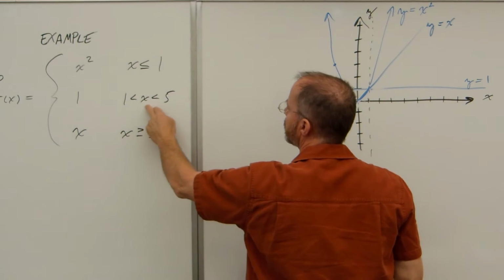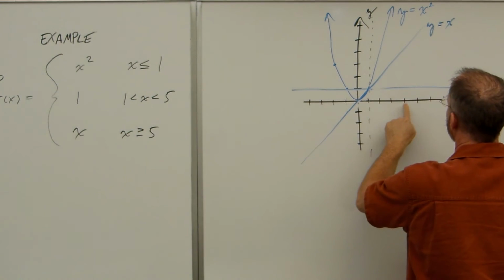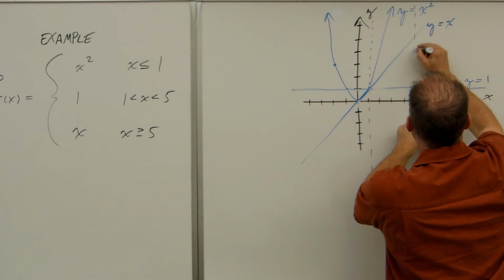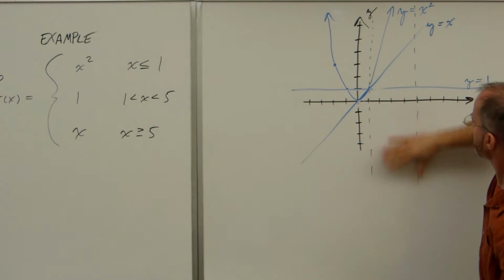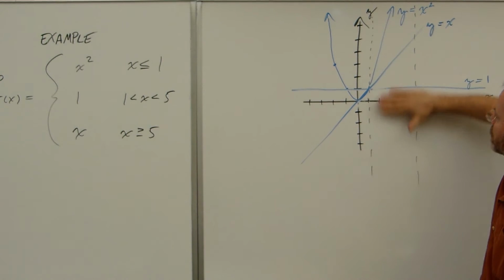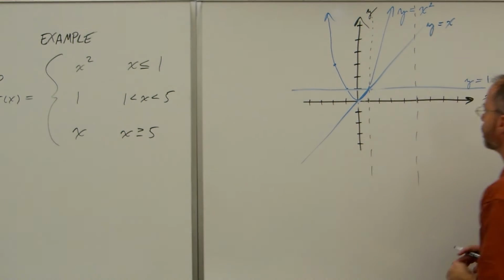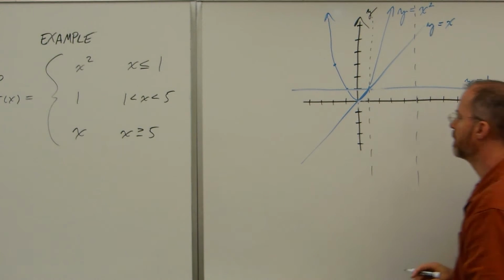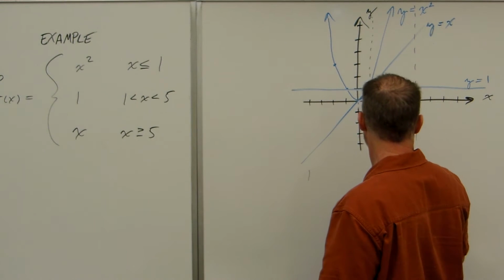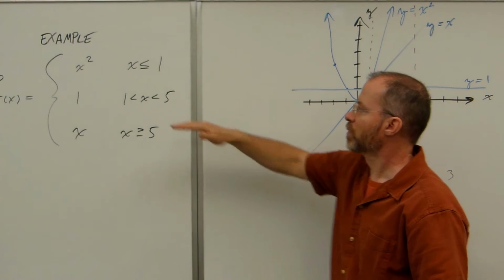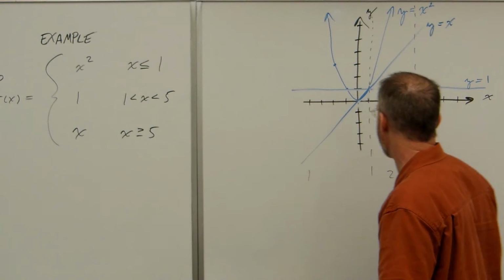For 1 less than x less than 5, I'm talking about a vertical strip where x's are between 1 and 5. And for x greater than or equal to 5, I'm talking about zone 3, right? So zone number 1, zone number 2, zone number 3, that's where these various formulas apply.